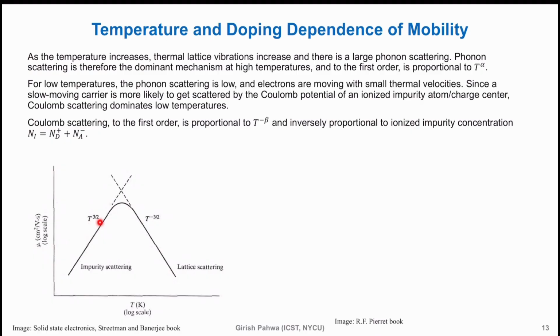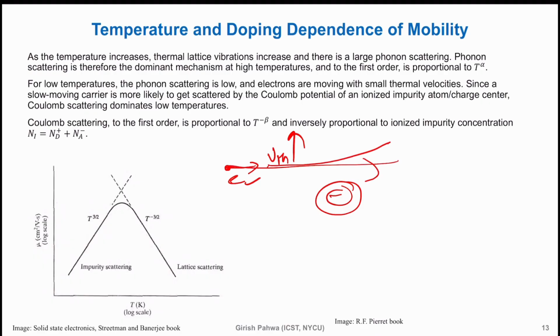At high temperature, Coulombic scattering is not that effective because my electrons have large thermal velocity. If an electron has a large velocity, it can just pass by. Maybe a little bit of deflection can be there, but with large speed it can just pass by. Doesn't matter. So at high temperatures, Coulombic scattering becomes ineffective.